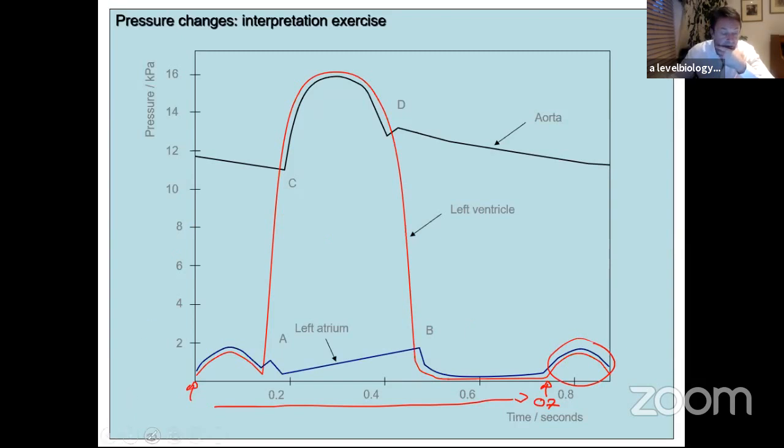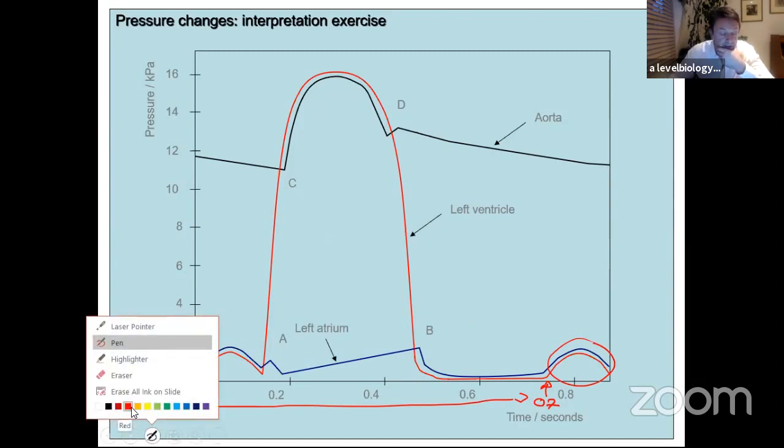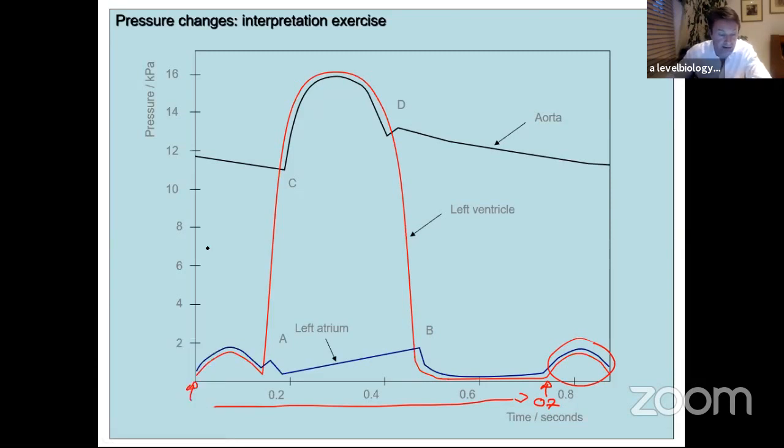Now, if we were to look at this as what would be happening on the right hand side, then the right hand side would be exactly the same, except it would be a considerably lower pressure in the pulmonary artery, because the right ventricle is not as thick as the left ventricle, so the pressure would be much, much lower. So the whole system is exactly the same, just at a considerably lowered pressure.